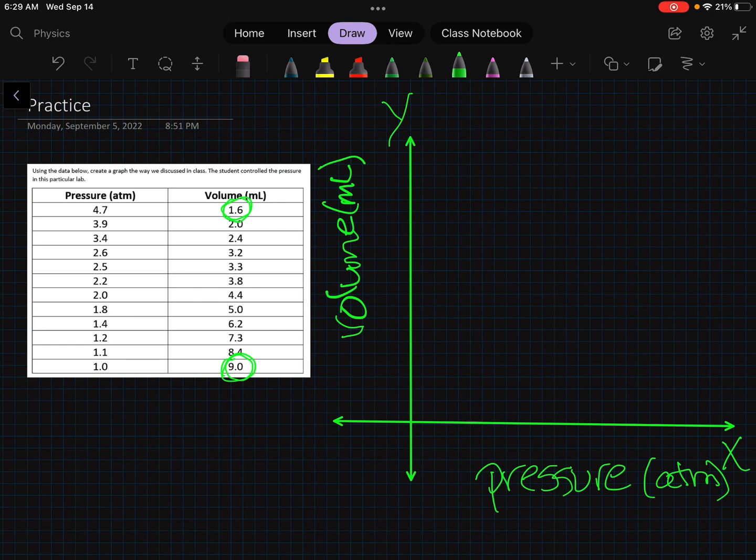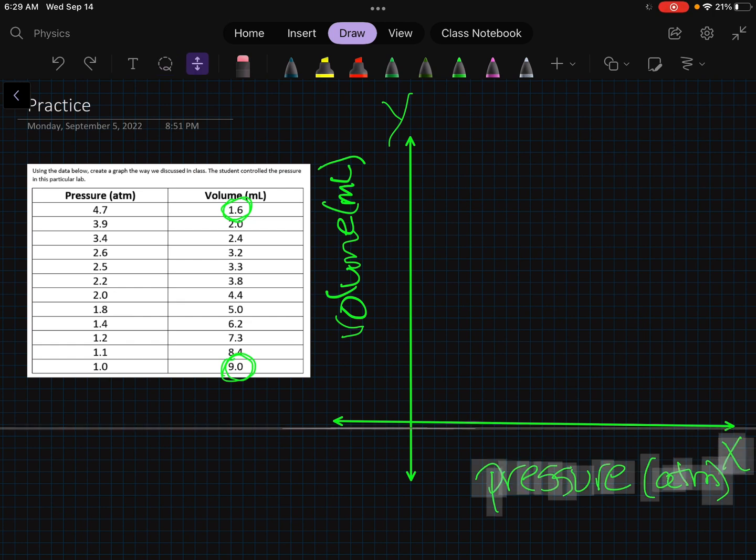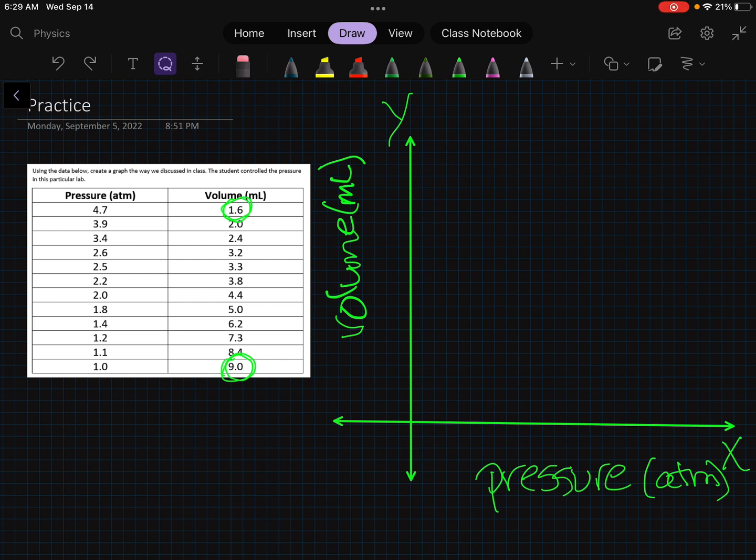Okay, I'm going to make, let me see. I'm trying to move. Oh, there we go.